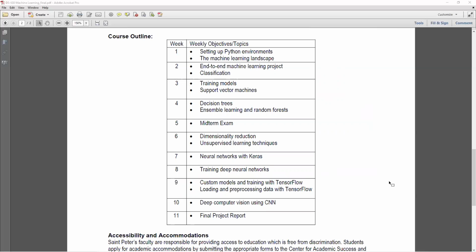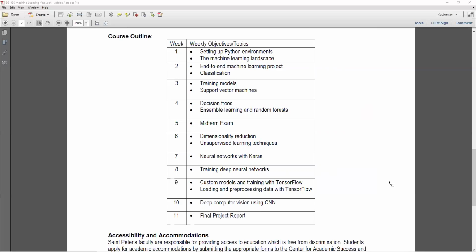For the first week, you should focus on how to set up your environment, be able to run simple commands, and read the first chapter of the textbook, the machine learning landscape. It's a very good discussion on the breakdown of machine learning, especially on what is supervised learning and what is unsupervised learning.